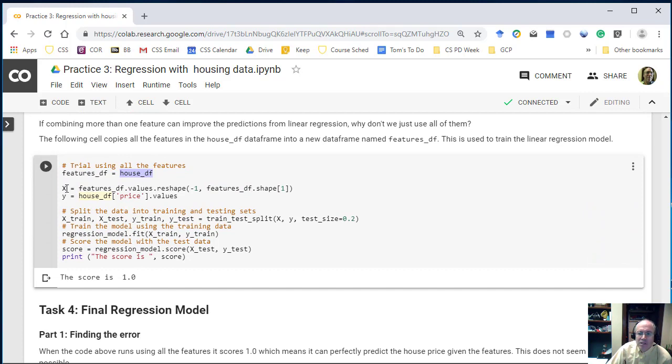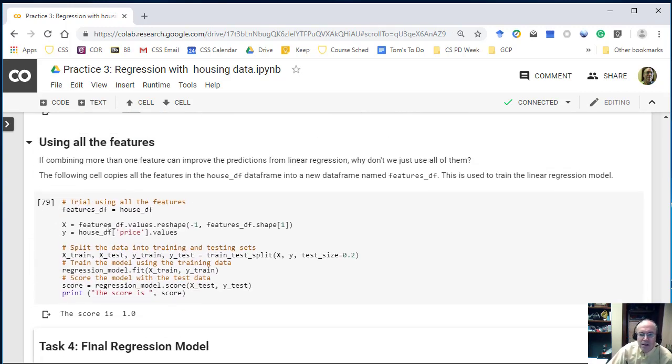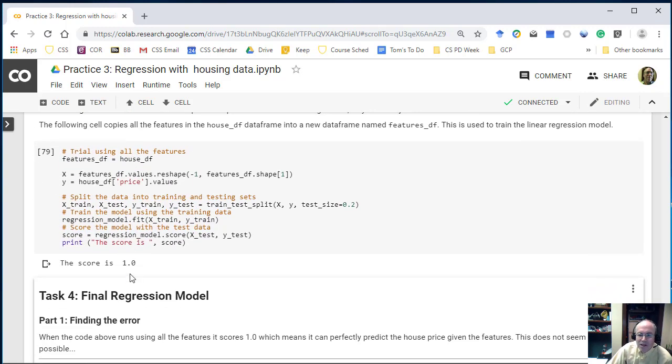And then we're doing some formatting of that, and then again train, test, split, fit it using the X and Y, and then test it using the X and Y test data and print out the score. And if we run this, amazingly, we do really, really well using all the data in the frame. It gives us a score of 1, like perfect. So if we know all the features, does that make sense?